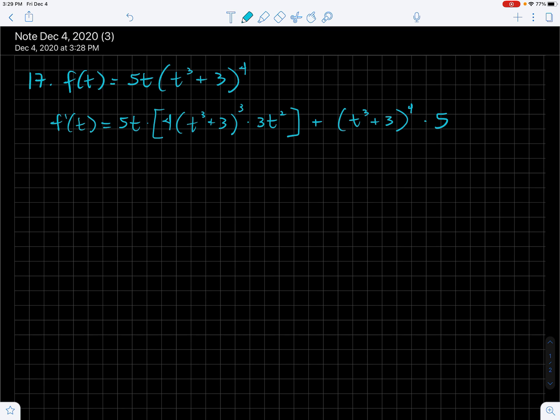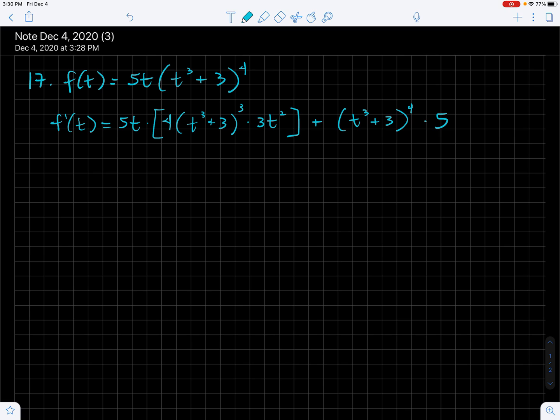Okay, so the version of the derivative that they have written down is a product. So 5 times the quantity 13t cubed plus 3 times (t cubed plus 3) cubed.